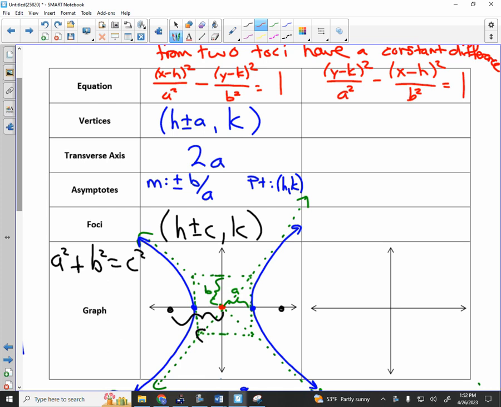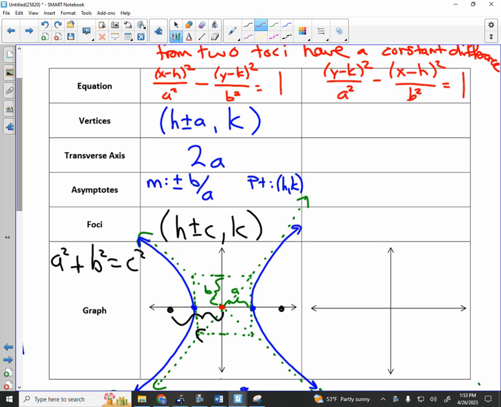What's different about that equation compared to the other one? Yeah, they are switched, and it matters because if x is positive, it opens side to side. If y is positive, it opens up and down. We don't care which one's bigger. We just always say A is first and B is second. We just care which one's positive, which one's negative.